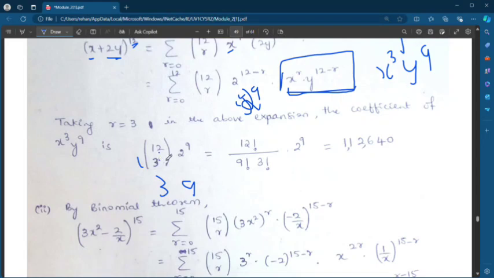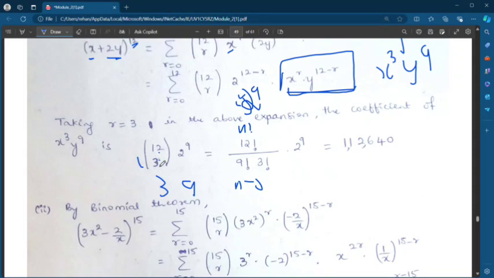So this is nothing but n factorial divided by (n minus r) factorial into r factorial. Understood, right? We can simply take this as 12C3. Okay, let me just compute that in my calculator.